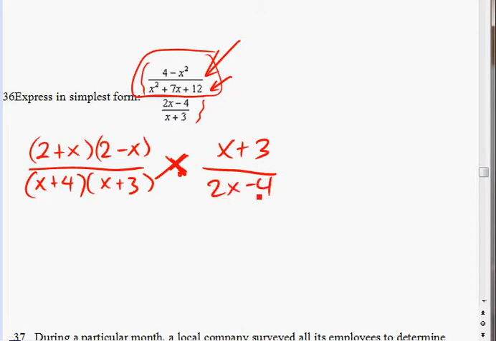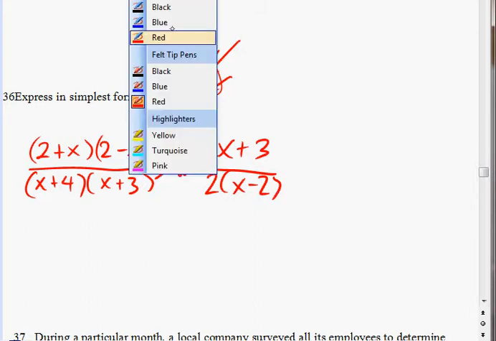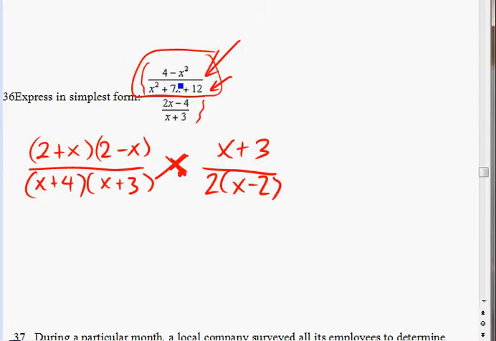And 2x minus 4, we can factor to 2 times x minus 2. Now it seems that everything's fully factored. We can start crossing out, or canceling. This is my favorite part. I just look for things that look exactly the same. Oh, x plus 3, I can cross it out.